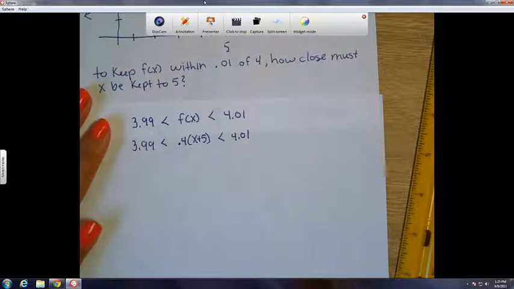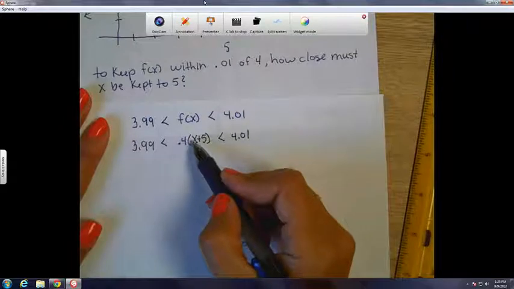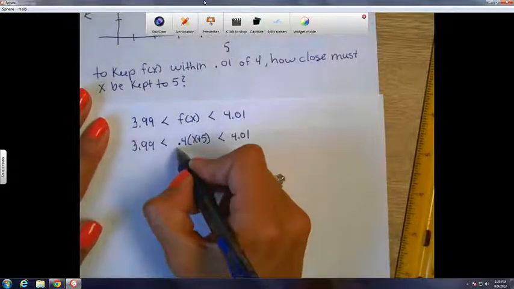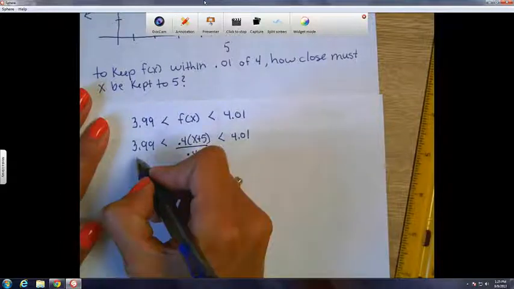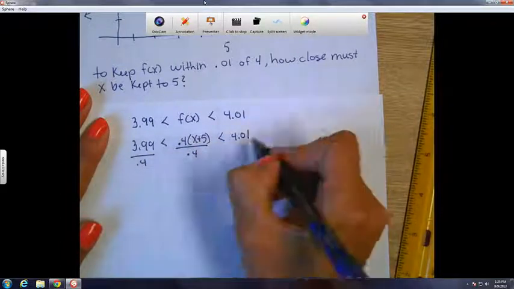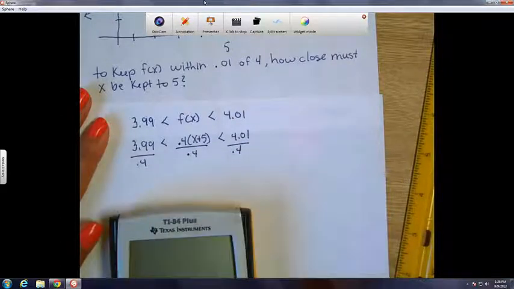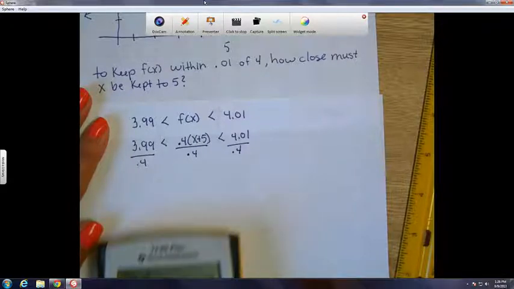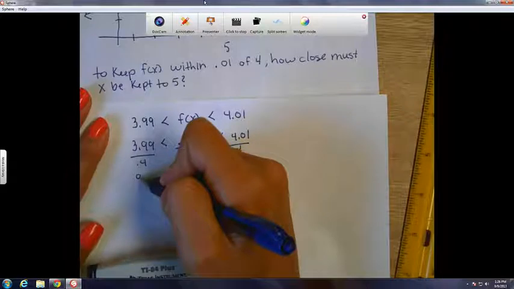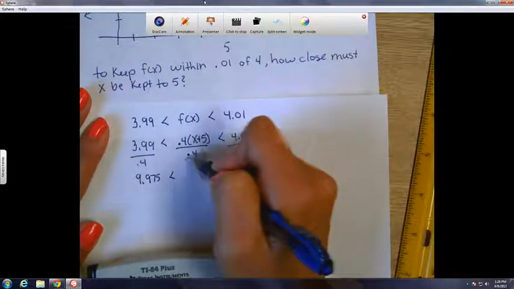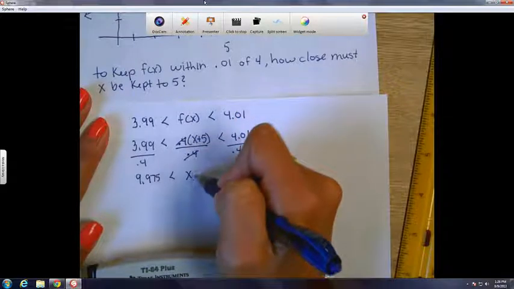A couple different things you could do. You could distribute the 0.4 right now and then do the algebra, or you can just divide everything by 0.4 right now to get rid of it. So the 3.99 divided by the 0.4 is 9.975. x plus 5 is left in the middle.